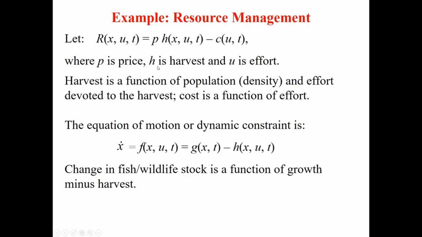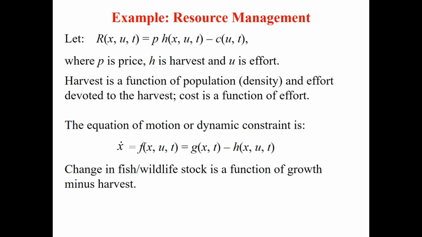P is the price, H is harvest, u in this case will be effort. So harvest is a function of population, perhaps population density in the case of a fishery, and that would be measured in kilograms. It could also be the number of wildlife per square kilometer or something like that. Effort is what's devoted to harvest, and cost is a function of effort.